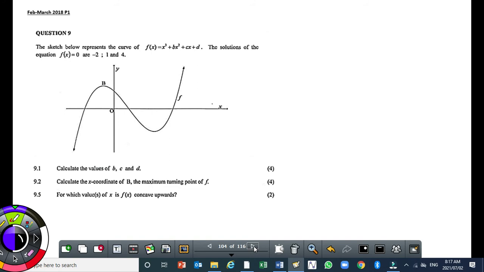To find the values of x for which the graph is concave upwards, you need to know the x value at the point of inflection. I've taught you two ways of finding it: using the second derivative, and using the average of the x values at the turning points.